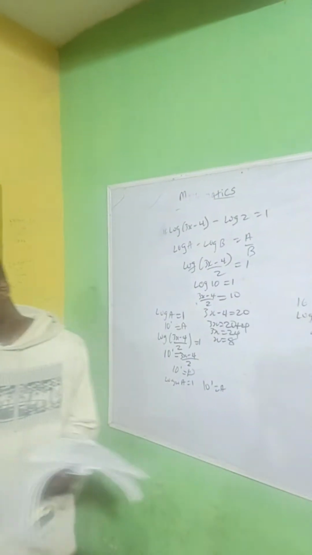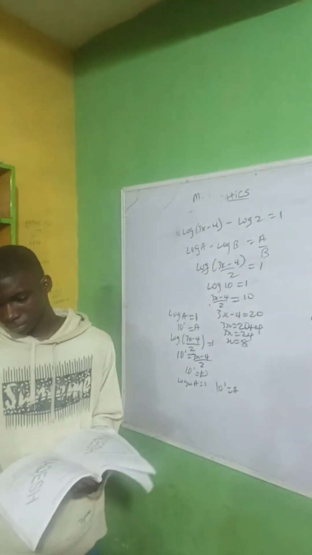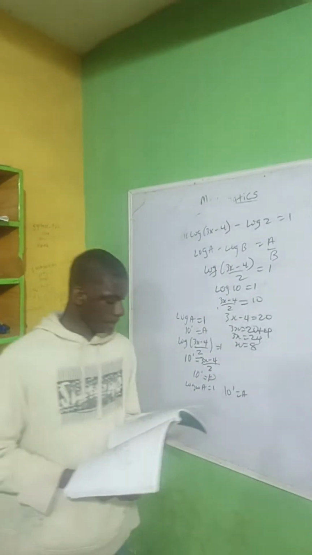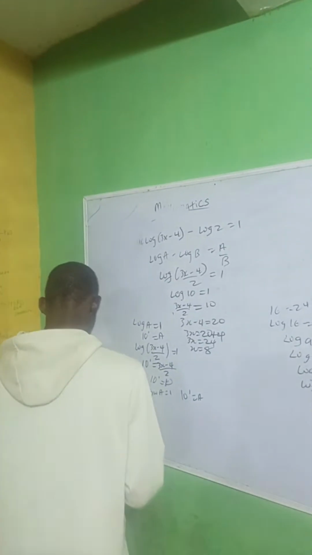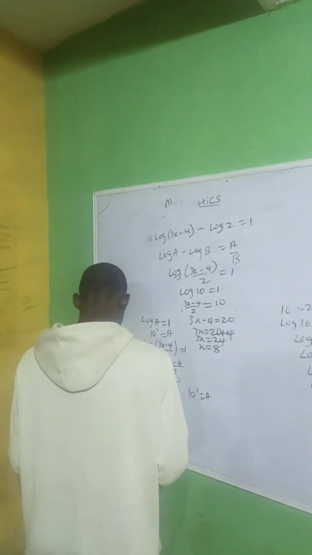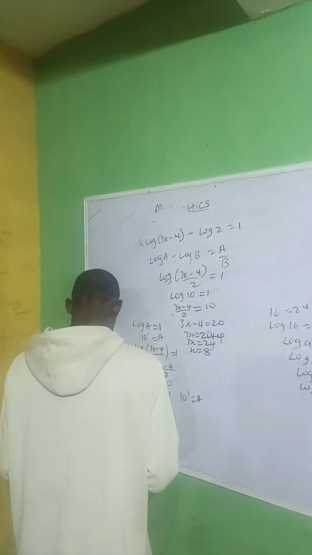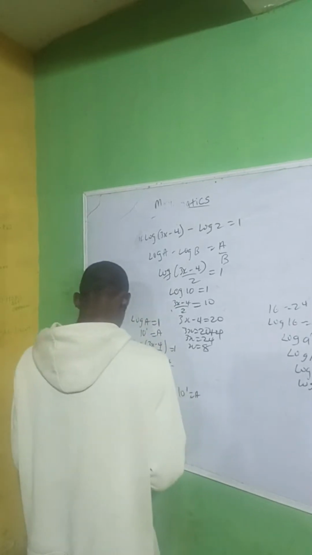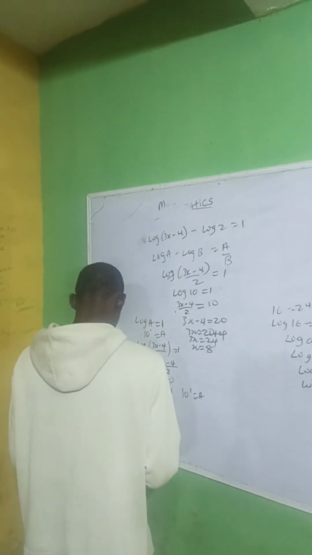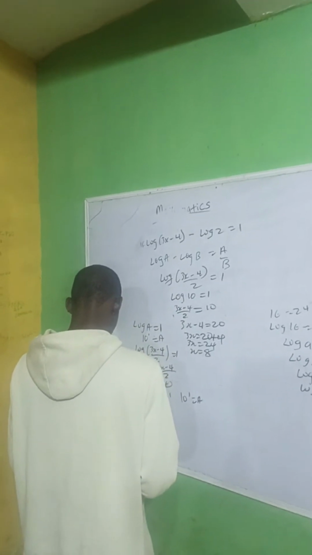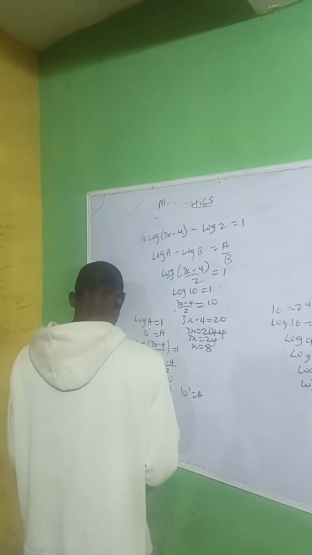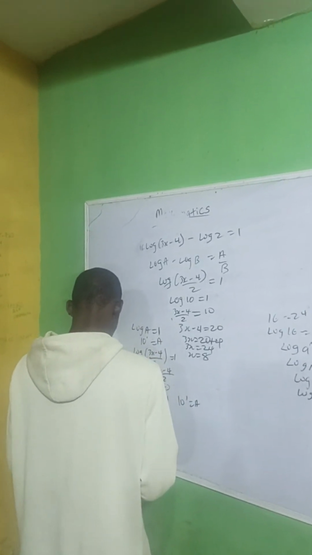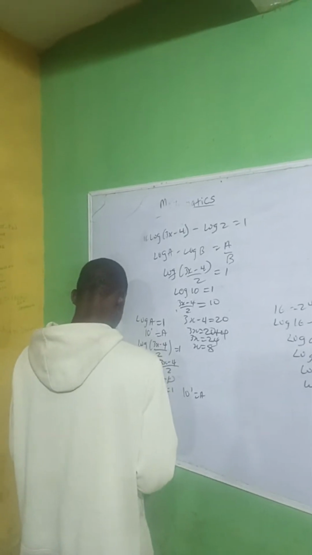How did you get it? X is equal to minus 2 over 2. Can somebody solve it?